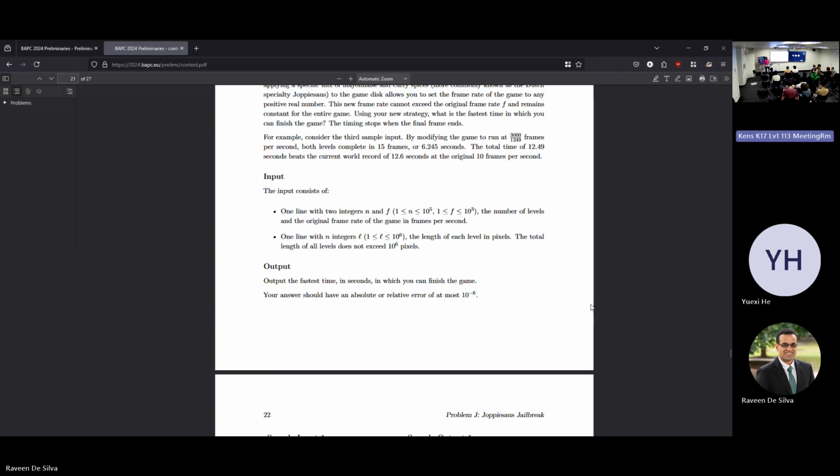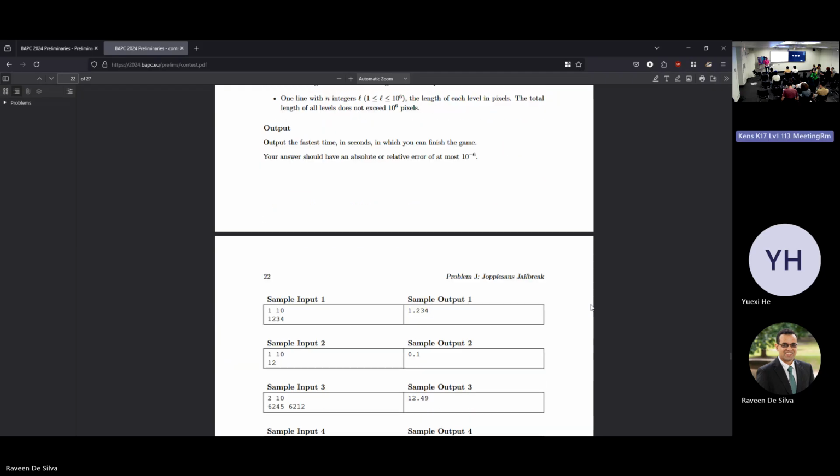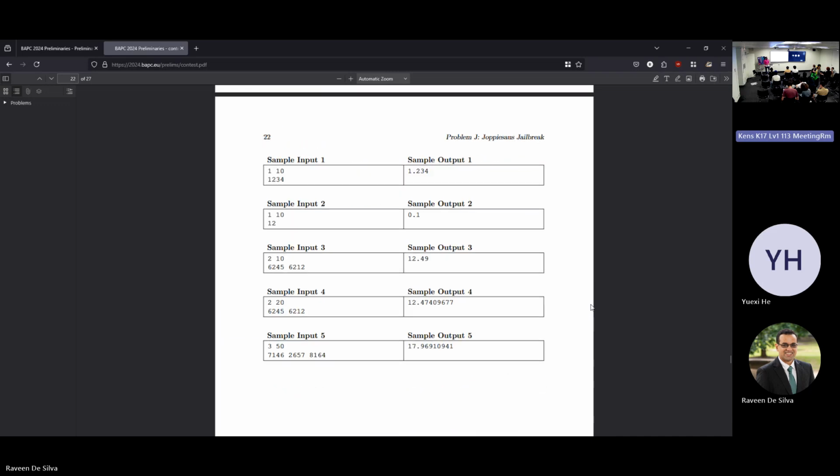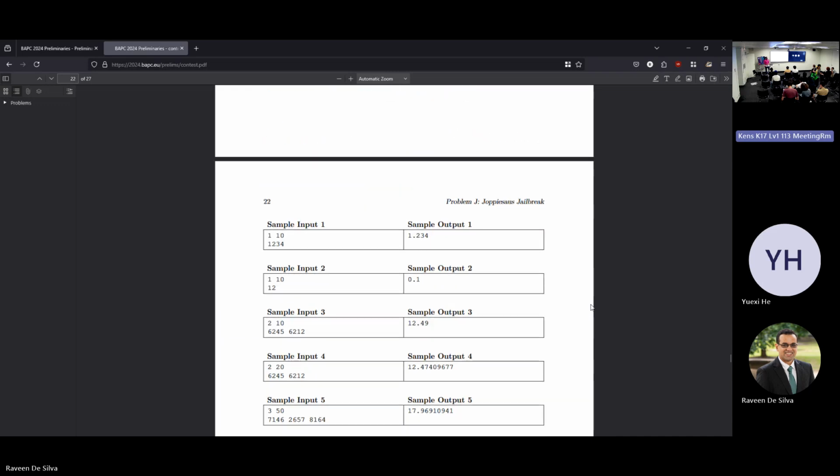Both levels complete in 15 frames. 3,000 over 1249, and that's exactly 15 frames in 6,245. The second one is not 6245. That's about 14.7 frames, and when you take the integer ceiling, it's going to be 15.